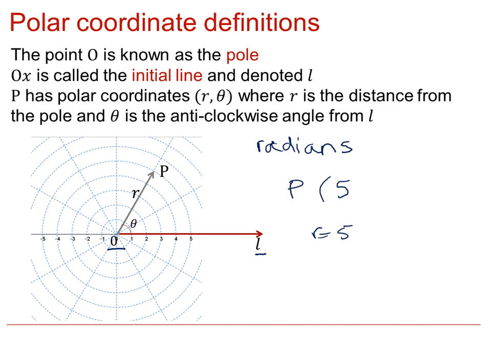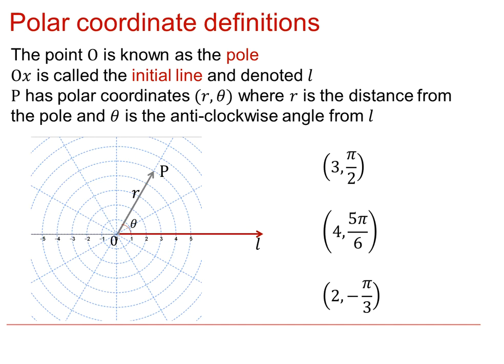And we can see that in this particular grid, pi by 2 is 3 divisions of angle, and therefore in this case theta is 2 pi by 6, or pi by 3. And thus we would write P as being (5, pi by 3) in terms of polar coordinates (r, theta).